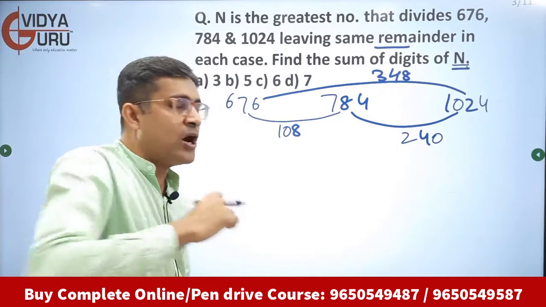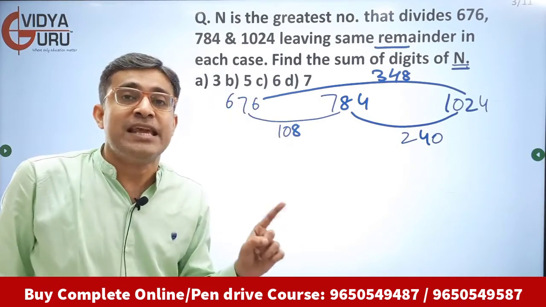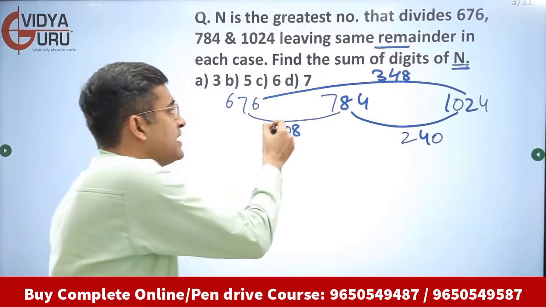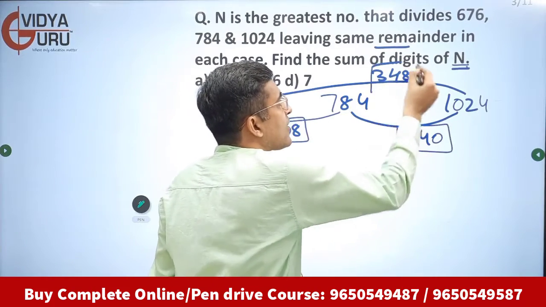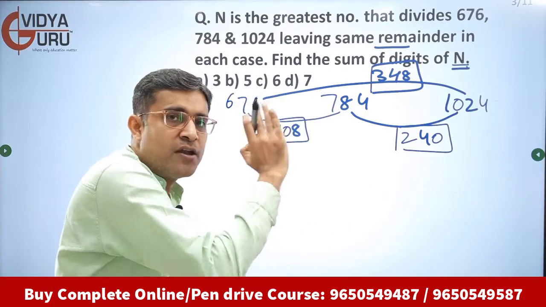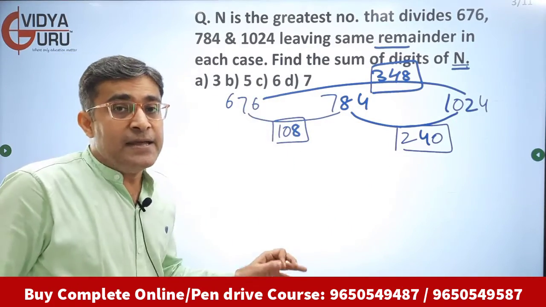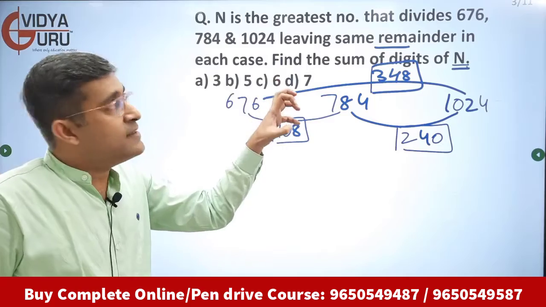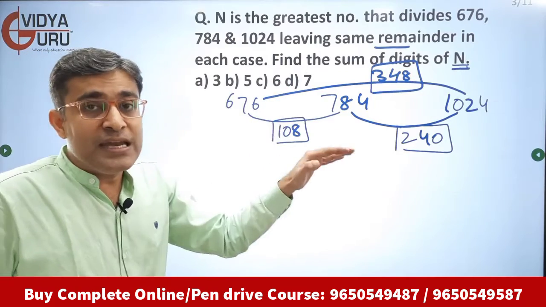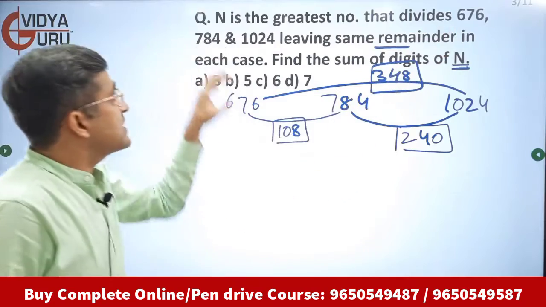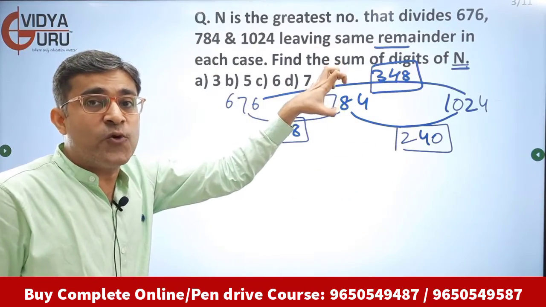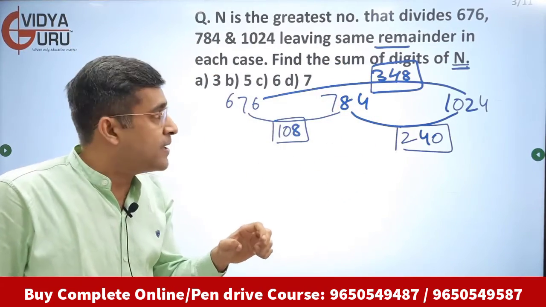So now look at these three numbers that we have. Students, we have found out the gaps between these numbers. These gaps are 108, 240 and 348. Sure? So to find this number n, which will leave the same remainder when it divides 676, 784 and 1024, how can we find this number?